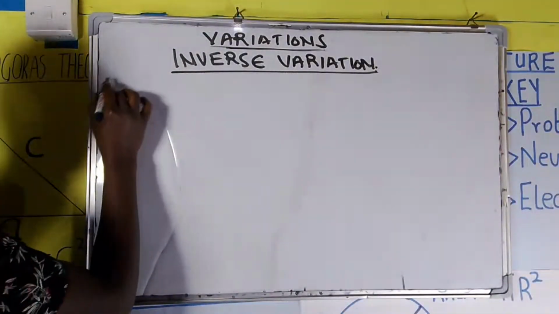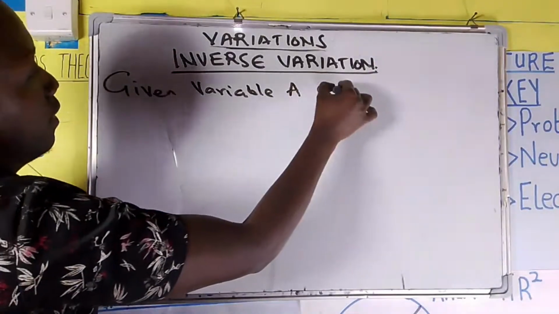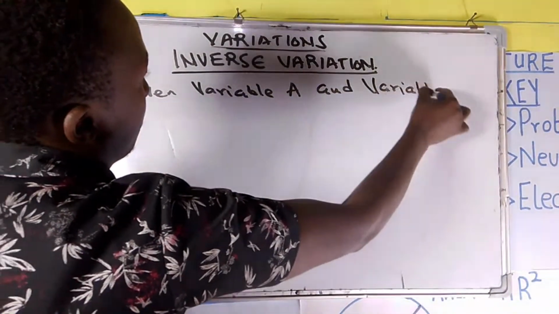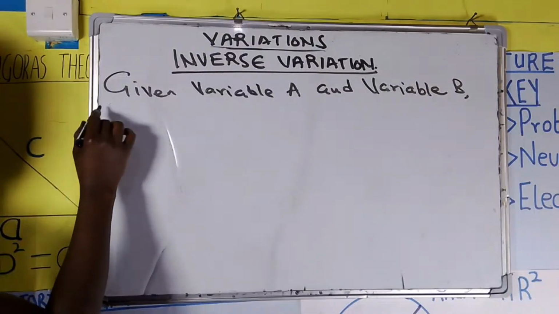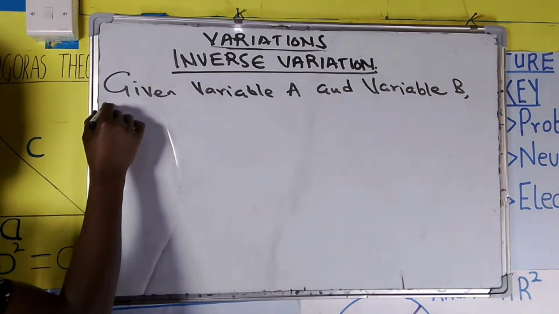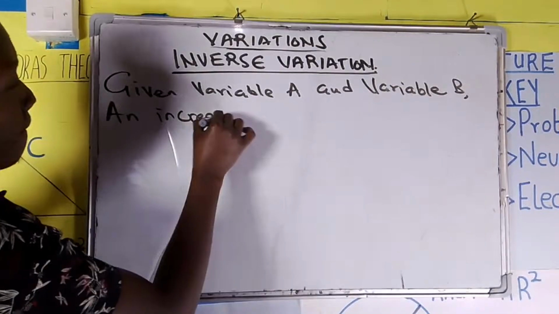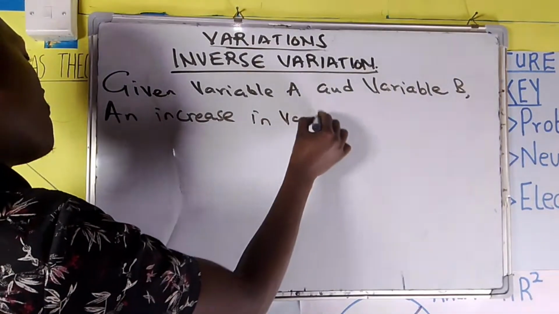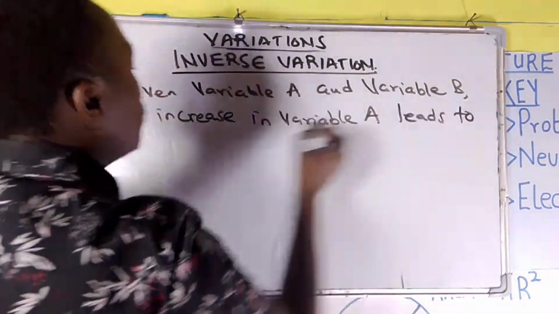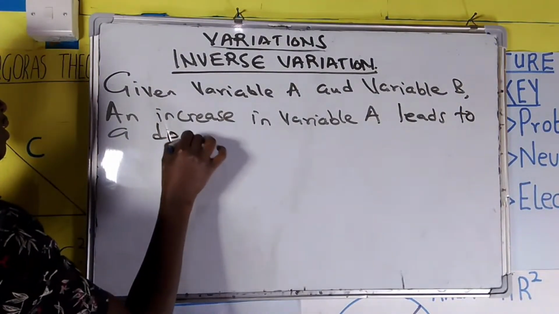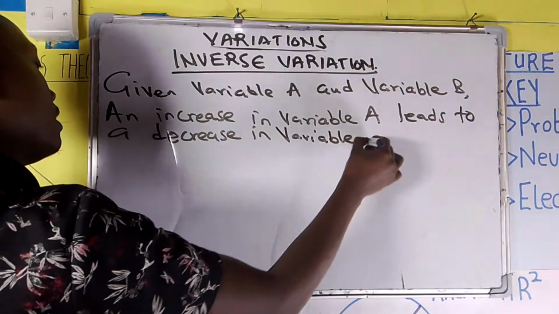For instance, given variable a and variable b, when we talk of inverse variation, an increase in variable a leads to a decrease in variable b.